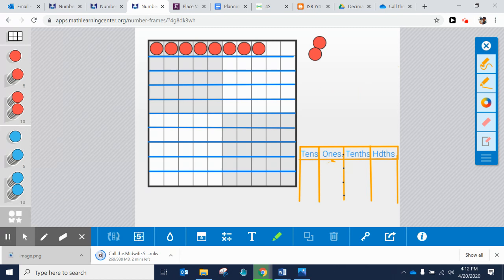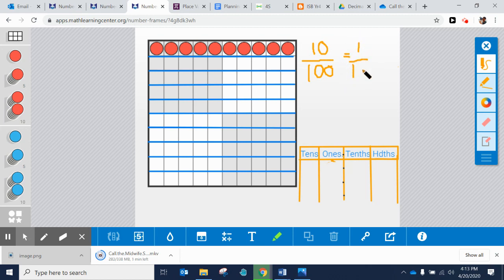Let's look at another one. So my last one was 8 hundredths, and I'm now going to add 2 hundredths. 1 hundredth, 2 hundredths. So altogether now, I've got 10 hundredths, which is the same as 1 whole tenth.